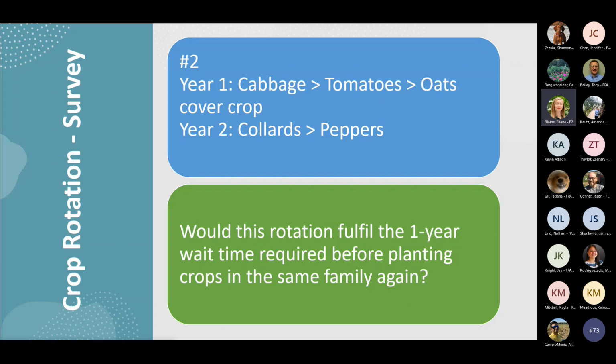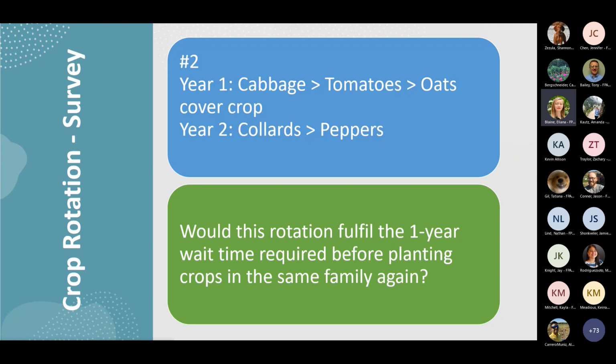So you have 2 different crops that year, then going to a 3rd crop of oats cover crop. And then for the next year, we go from collards to peppers. So would this rotation fulfill the 1-year wait time required before planting crops in the same family again? We had 55% of people said yes, 45% of people said no, so kind of an even split.